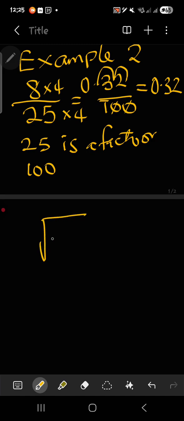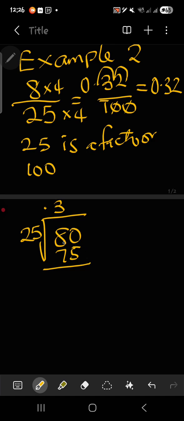I would have said 8 divided by 25, and it cannot, so I put 0, I put a point rather, I put a dot and then put 0. 25 in 80 will give me 3. 3 times 25 is 75.